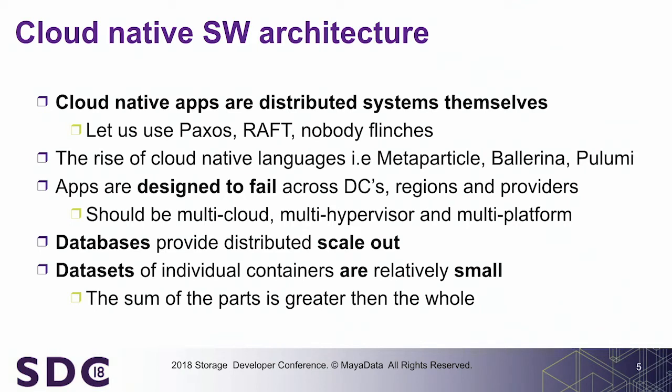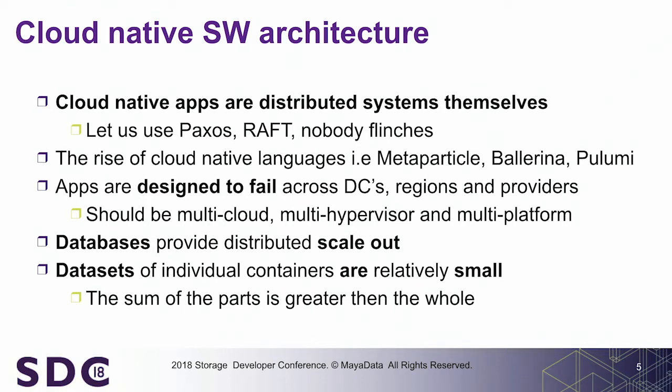There is this rise of new cloud-native languages, Metaparticle, Ballerina, and if you look at how these languages are built, they kind of import containers and then connect containers with the syntax. It's kind of weird when you initially see it, but when you're developing these types of applications, it might actually make sense.